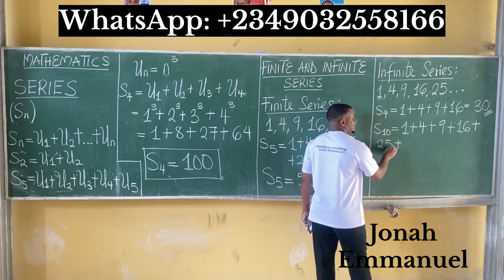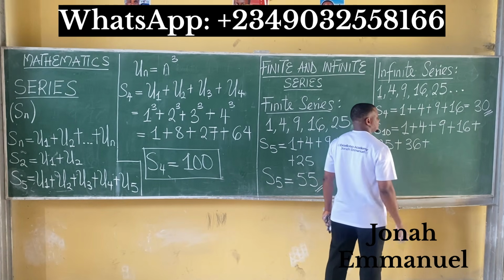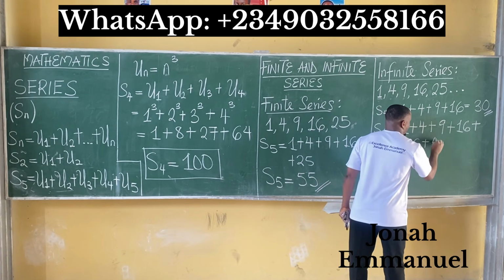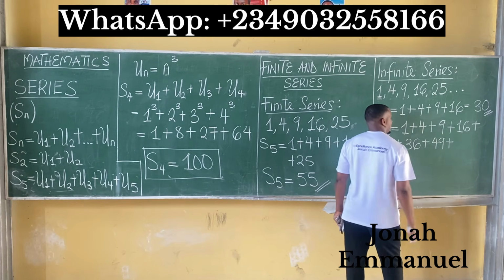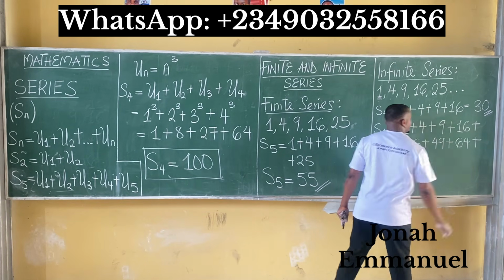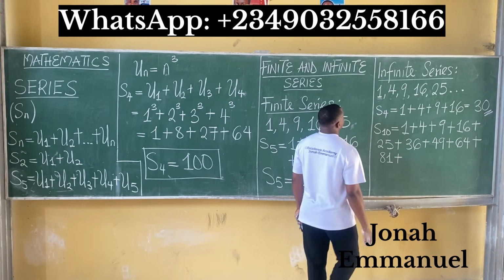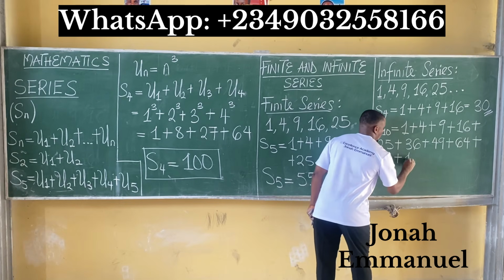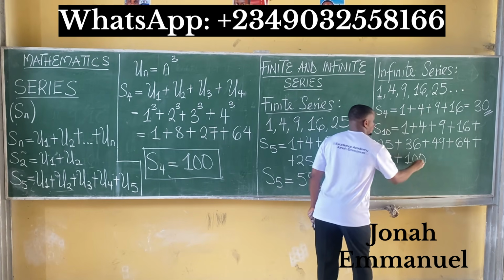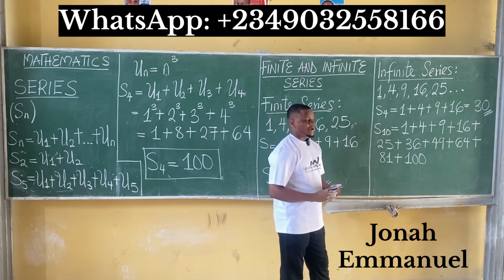Let's get 6. 6 squared gives you 36, plus 7 squared gives you 49, plus 8 squared gives you 64, plus 9 squared gives you 81, plus 10 squared gives you 100. We'll limit our solving to just this.